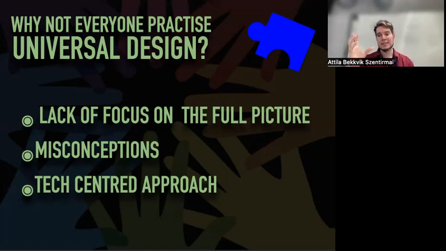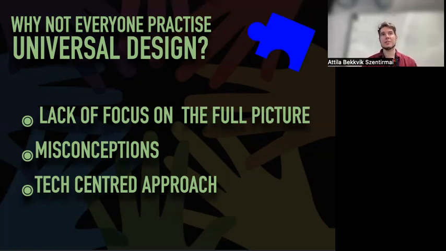That's step number 2. So the lack of focus on the full picture: very often research jumps to the second thing, not considering the foundations or the most necessary thing. Tell me one thing which is not accessible but usable. Probably you can't.